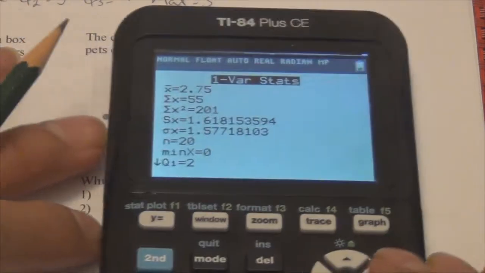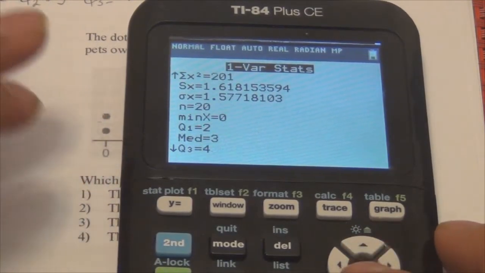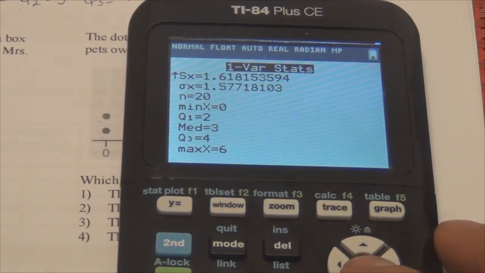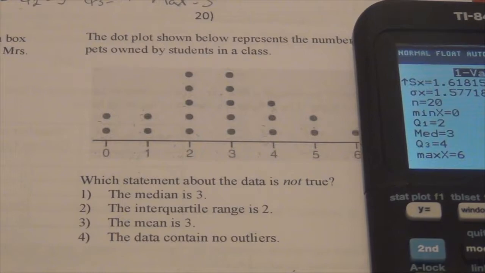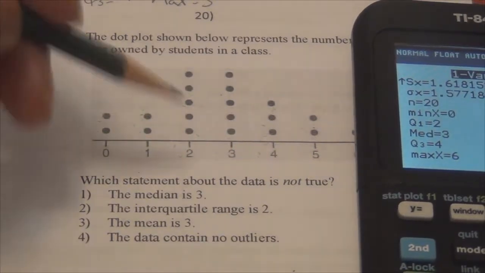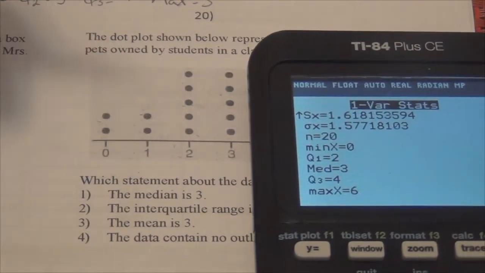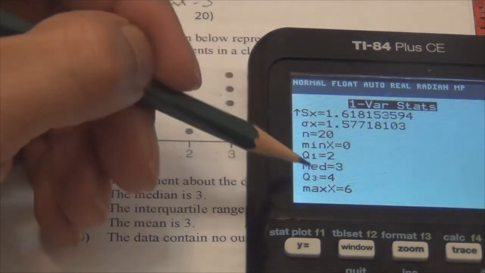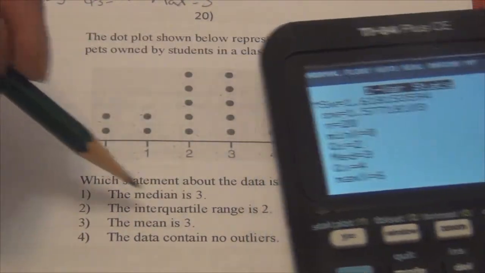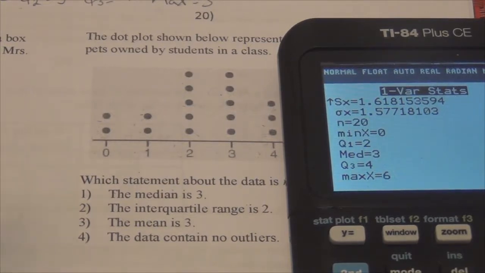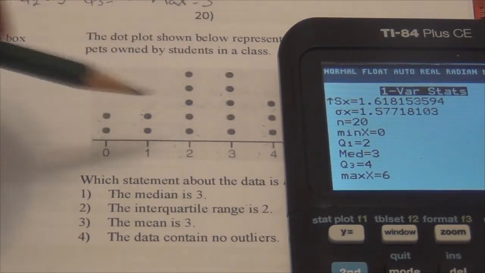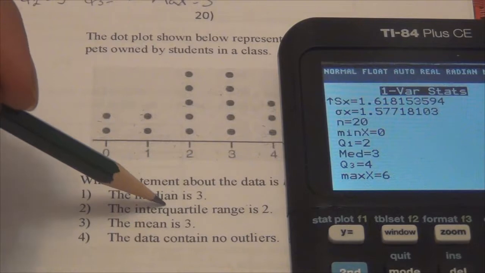All right, so let's see, what do we need? Let's analyze the situation. Which statement is not true? The median is 3. Is the median 3? Yes. The interquartile range is 2. Sorry, I'm sick actually. How do I find the interquartile range?